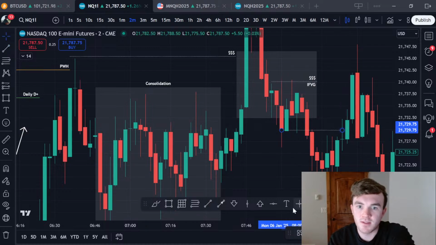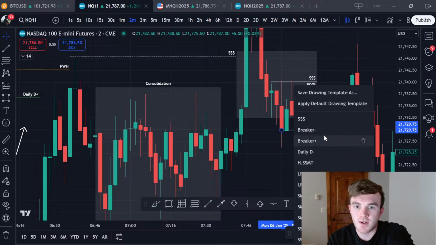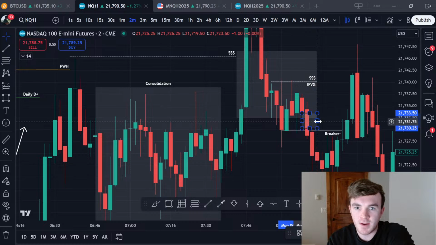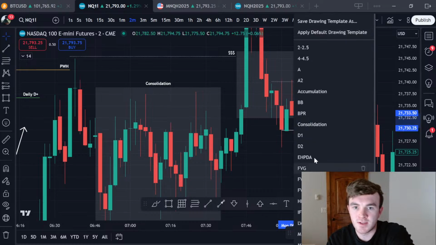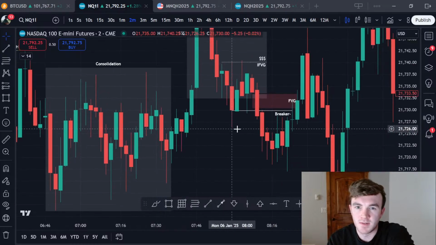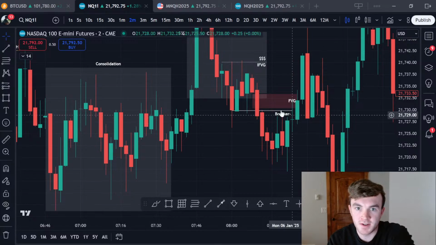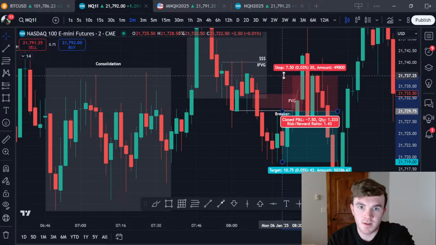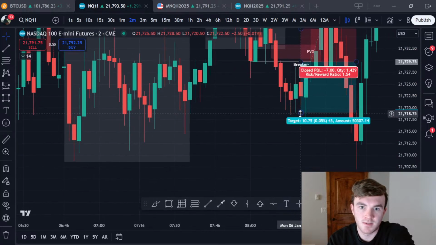It still counts. Then I guess you have these down close candles as your breaker. So I marked that out as the breaker, and then this was the fair value gap, and I really wanted to see this LRLR get hit. And so I entered short here. Stop loss like here, targeting here.